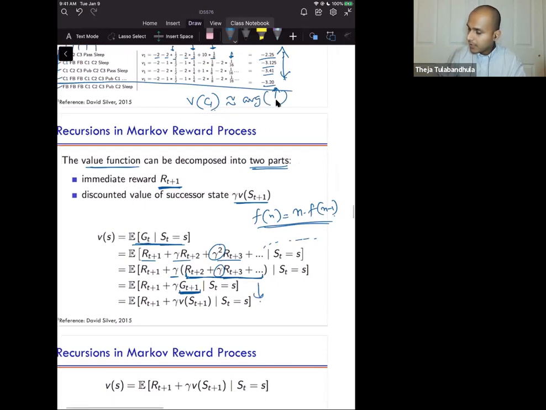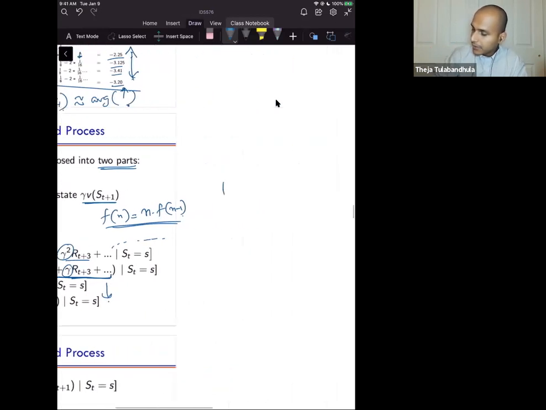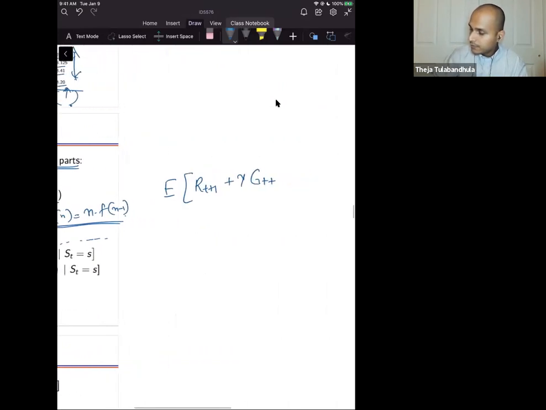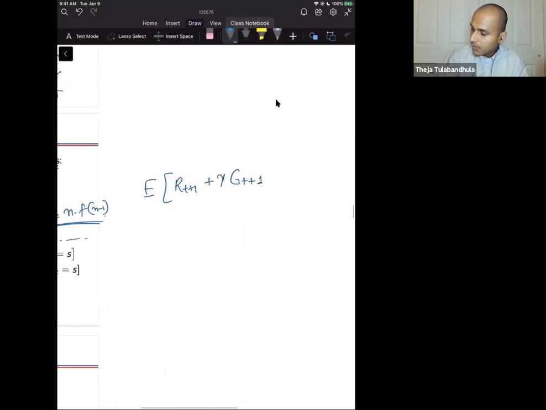Let me explain it a little bit more clearly. You have this expectation over R_{t+1} plus gamma G_{t+1} given S_t equal to little s. This was the value function v of s. Now let's focus on this expectation.